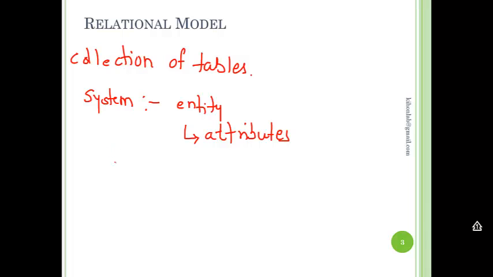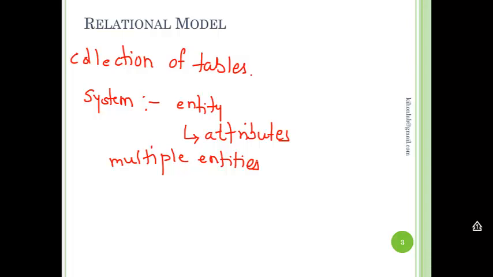In a system there can be multiple entities, because we cannot put everything into a single file or single table. When we try to retrieve any particular information, the whole records get retrieved from the database, which was the drawback of the flat file system.